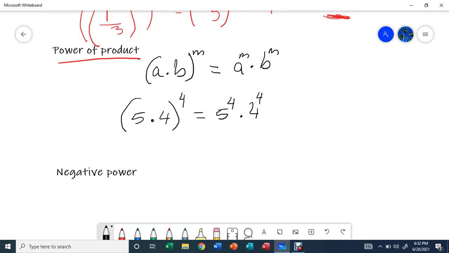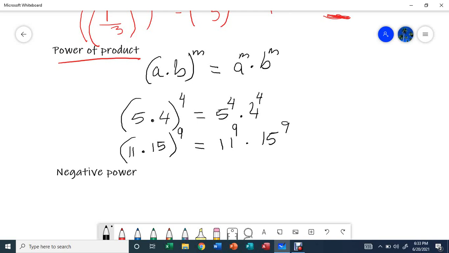Another example, I don't know, 11 times 15 to the 9th power, it's going to be 11 to 9 times 15 to 9 as well.